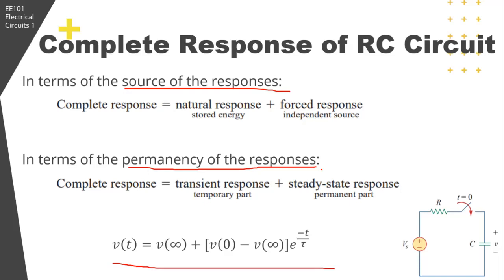Then we get both V at infinity and tau at time greater than 0. This technique is equally applicable sa RL circuits.